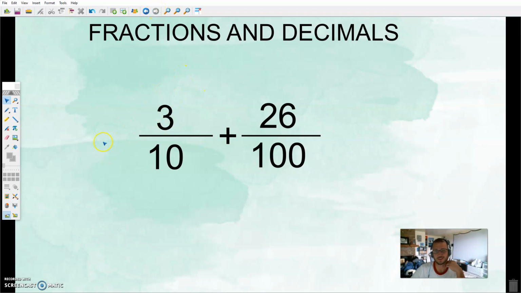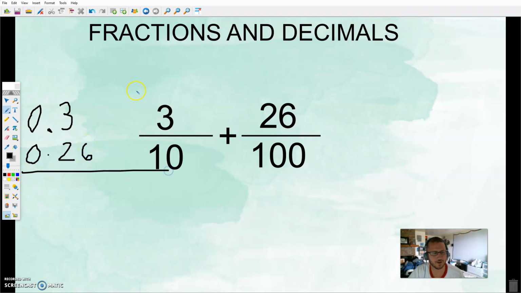The final thing we want to think about is just adding fractions and then converting that to a decimal form. There's two different ways we can think about this. First off, just keep in mind, 3/10 is 0.3, and 26 hundredths is 0.26.